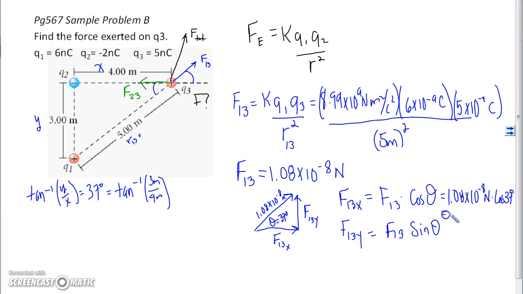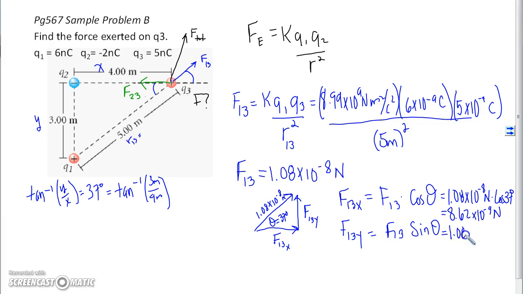Okay, I ran out of space, that's okay. But if I do this number times cosine 37, I get the value of the x force of this guy, and it's 8.62 times 10 to the negative 9th newtons. I'll move these out of the way so it's a little easier to read.